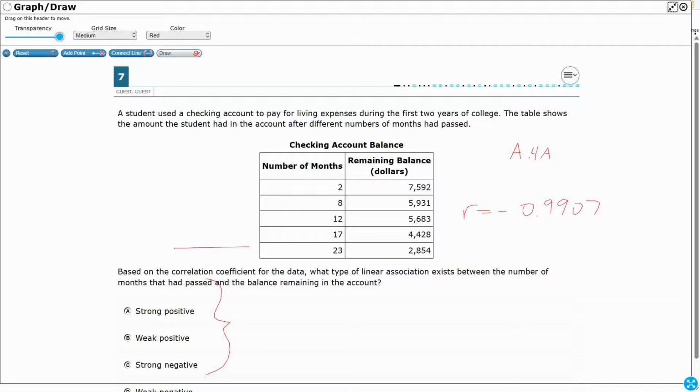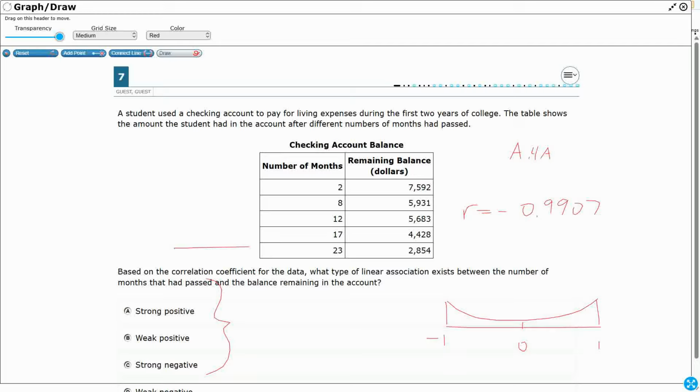So how do we interpret this? Well, an R value shows you how strongly correlated two sets of values are. So in this case, the number of months and the checking account remaining balance. And it's always going to be from -1 to 1. And I always draw it like this because you get 0 in the middle. So your R value is always going to be between -1 and 1.